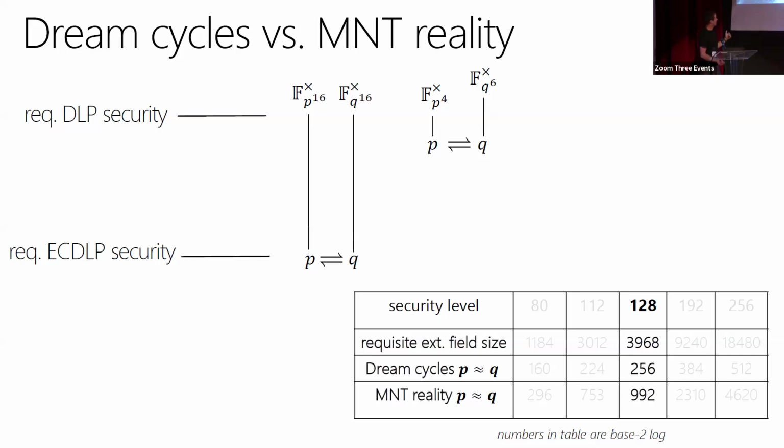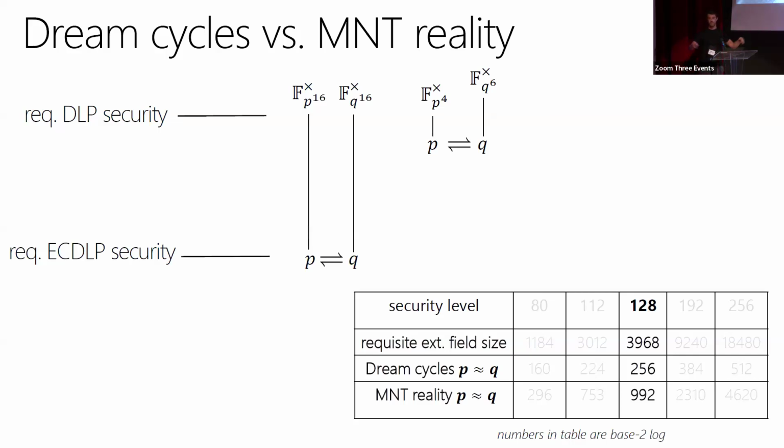When we're trying to set up these pairing-based systems, we always want to make sure that our elliptic curve discrete logarithm problem is roughly twice the security level. So if we're looking for a 128-bit secure system, we'd like to have a cycle where our elliptic curves are defined over 256-bit fields.